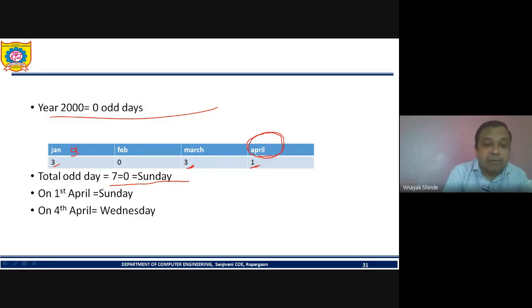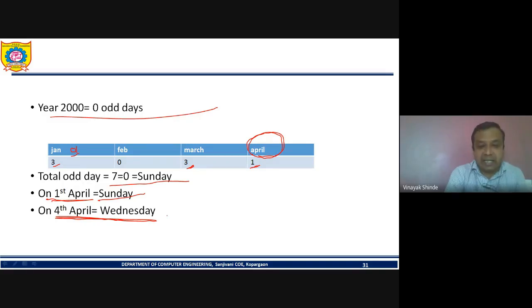So what is the 1st of April 2001? It is a Sunday. Then 2nd of April, 3rd of April, 4th of April. If you go on 4th of April, it is Wednesday. Add 7 in that, 11th of April, it is Wednesday.